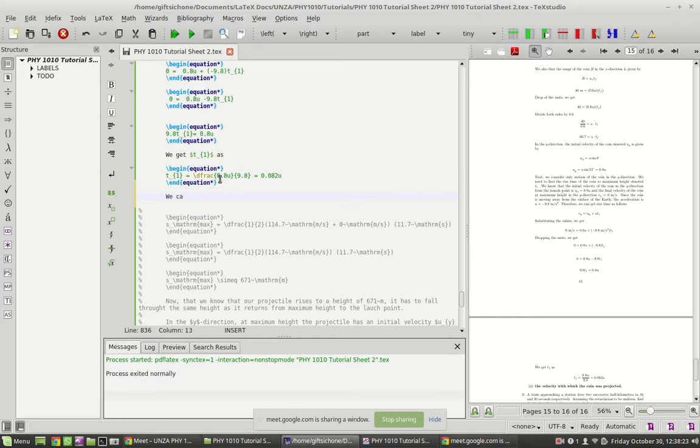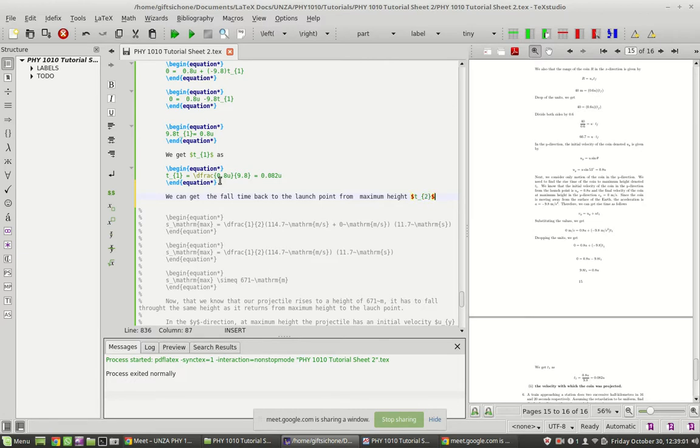We can get T2, the time back to the launch point from maximum height, which is T2.